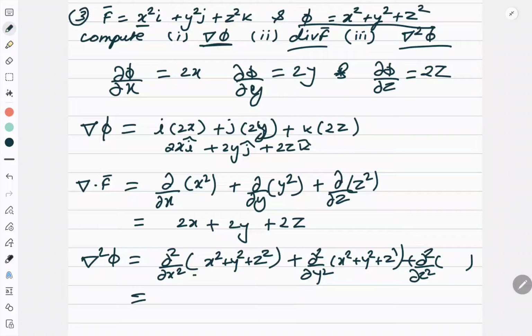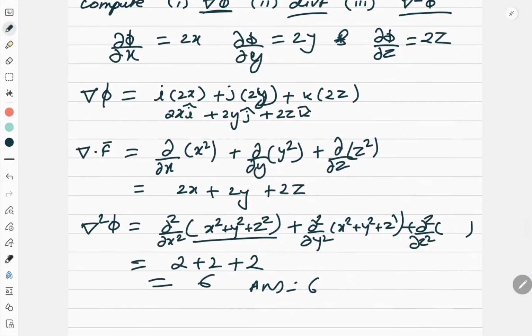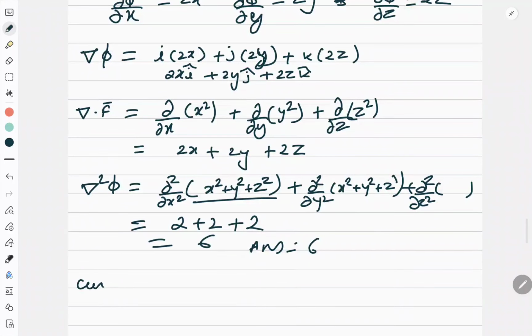Now here when you differentiate once, you will get 2x. One more time, 2 plus 2 plus 2. So the answer is 6. Right? Now suppose in this if I ask you to find curl f, how will you do it?